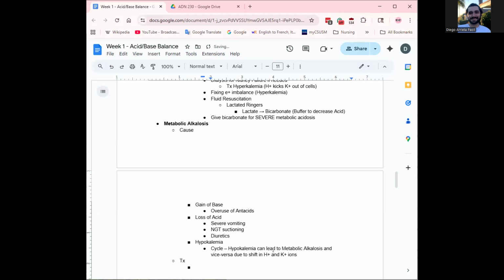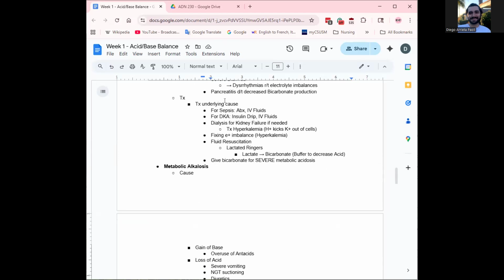It's similar to, kind of the opposite of, the acidosis cases, where the acid kicks out the potassium.